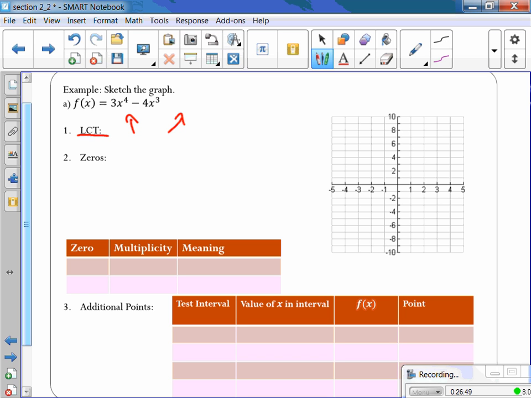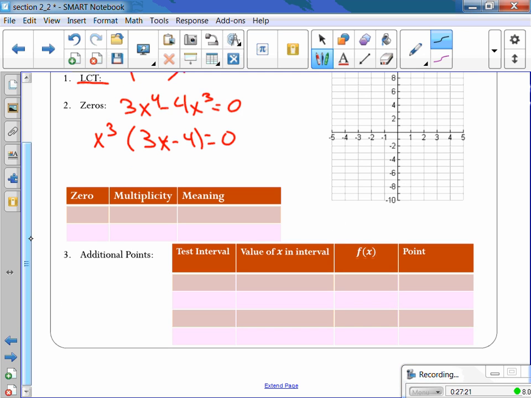Zeros, once again, set it equal to 0. So what are the zeros? 0 and 4/3.